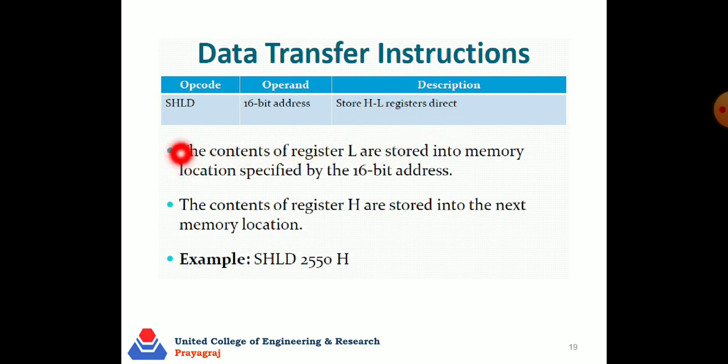S stands for store, HL means the HL register, D for direct. The content of register L is stored into the memory location specified by the 16-bit address, and the content of H is stored into the next memory location, as we discussed previously. Example, SHLD 2550H.